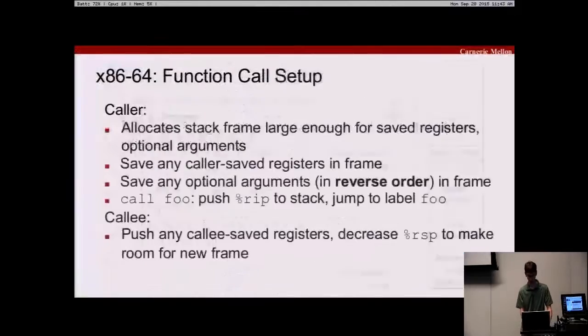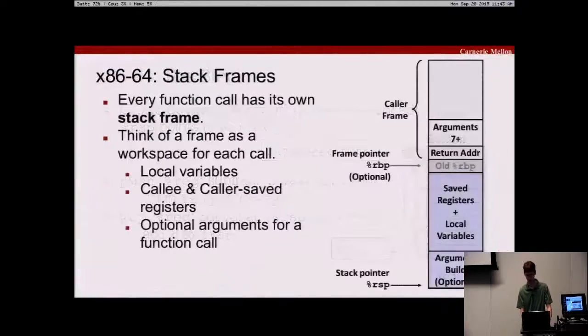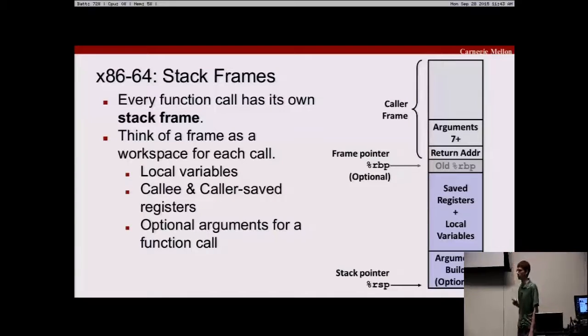So if you remember back to our little diagram, we've allocated some space down here for a buffer. But if we keep writing, eventually we start overwriting the stuff up there, including the return address.